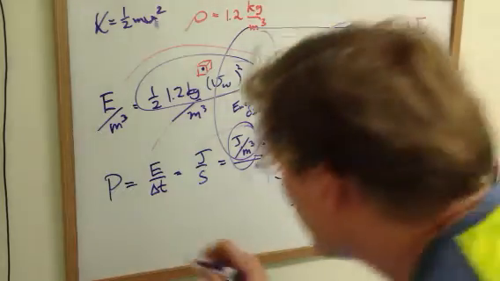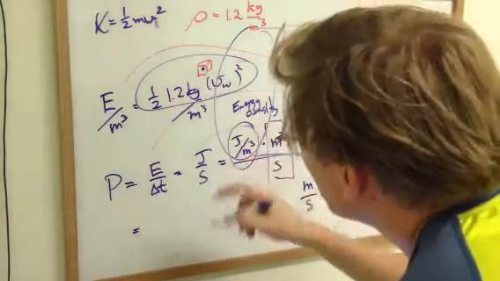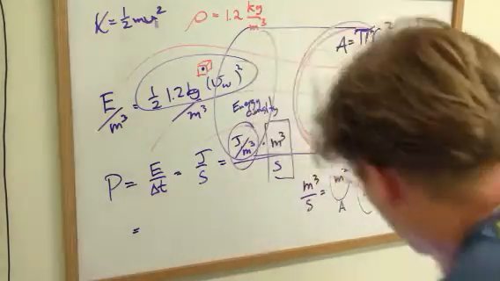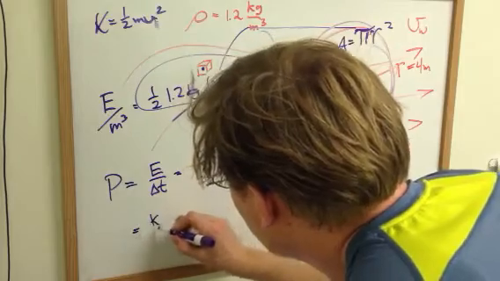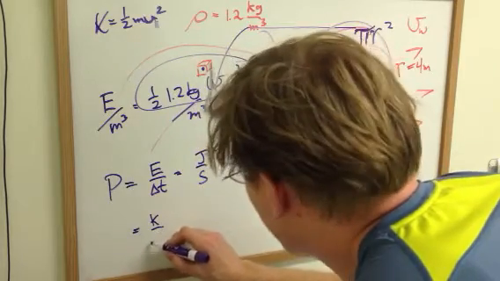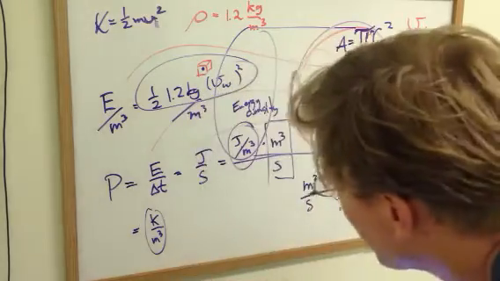So how much power these things produce is equal to the answer of part A, which is the kinetic energy per meters cubed. You know this is a number. Watch the units.